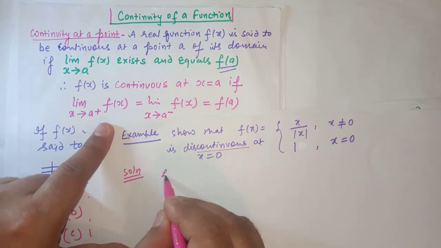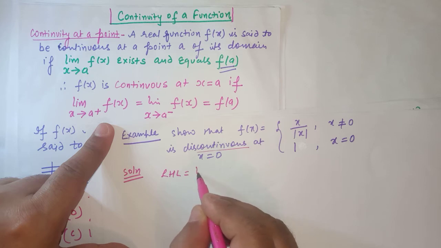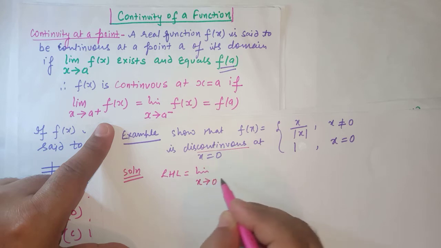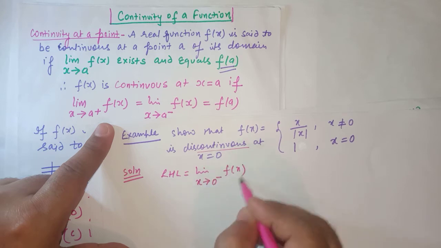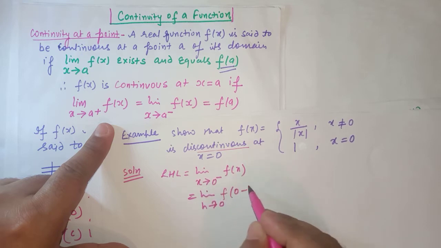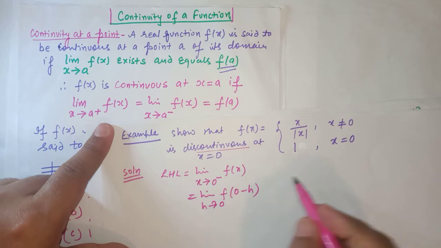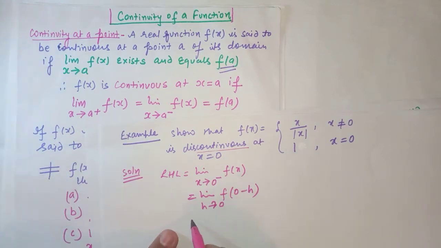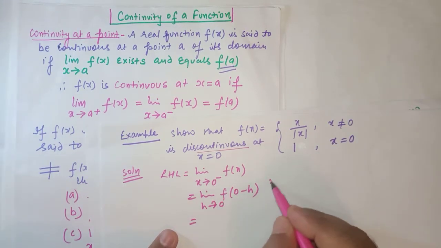the left hand limit. So the left hand limit is, as we have done in the previous example, the limit as x tends to 0 minus of f(x). Then we will write h tends to 0 and f of 0 minus h. Clear? Then we have substituted here x equal to 0 minus h.